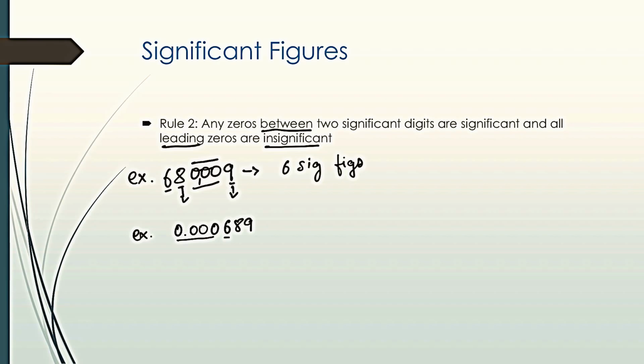And this is where we will take the help of our friend scientific notation. What I will do is I will take this decimal and I will move it until I get to my scientific notation point, and I will write this as 6.89 times 10 to the negative 4th power. And now it is pretty obvious as to how many significant figures we have, which is 3.